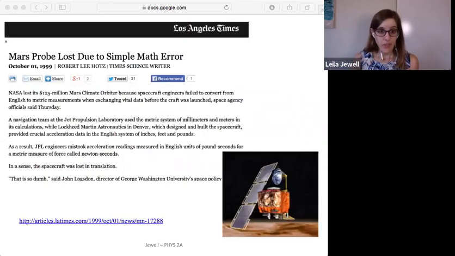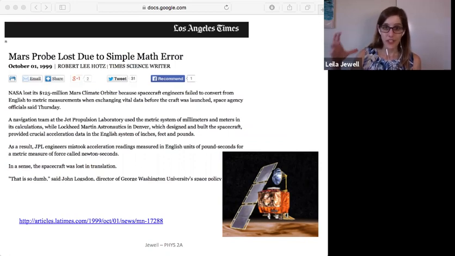So here's one: Mars probe lost due to simple math error. This was back in 1999. NASA lost its 125 million dollar Mars climate orbiter because spacecraft engineers failed to convert from English to metric measurements when exchanging vital data before the craft was launched. So the NASA team at JPL uses the metric system.